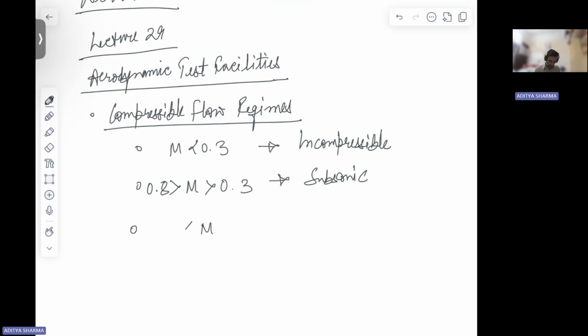Now, if your Mach is between 0.8 and 1.2, we call such flow transonic. Why transonic? Because transition is taking place from subsonic to supersonic flow.